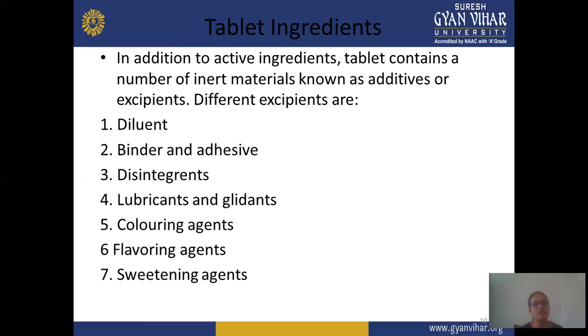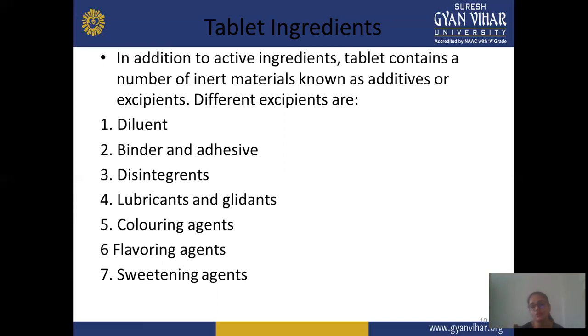And in this, apart from the active ingredient, a tablet contains a number of inert materials known as additives or excipients. If you prepare a tablet, first you require API or active ingredient or drug, and with the help of certain excipients you compress your drug by dry granulation, wet granulation or direct compression method.